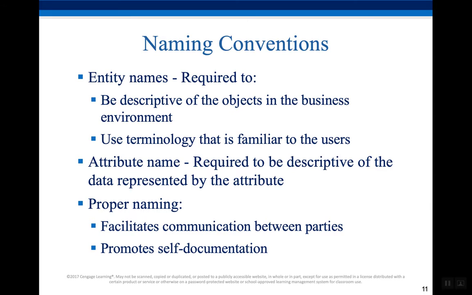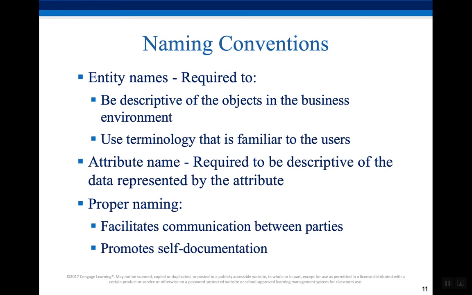If it has line items, you want to call the table line items. If it has invoices, you want to call the table invoices. Sometimes people will put things like ABC, XYZ. You can put whatever you want as the name, but the more descriptive, the better you are, because we're trying to model real world things. So you want to use terminology that's familiar to users.